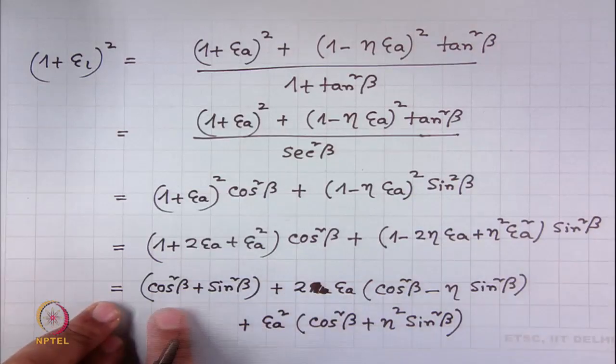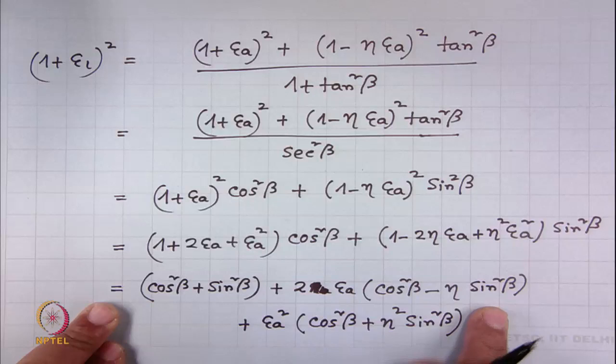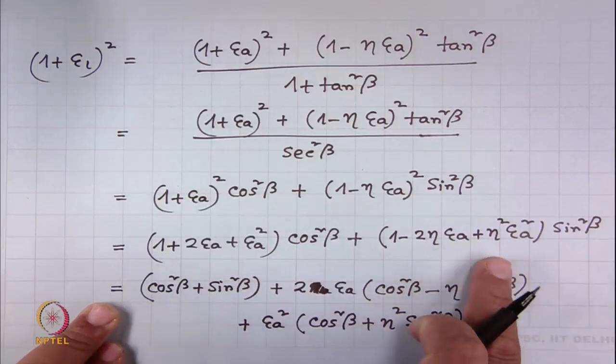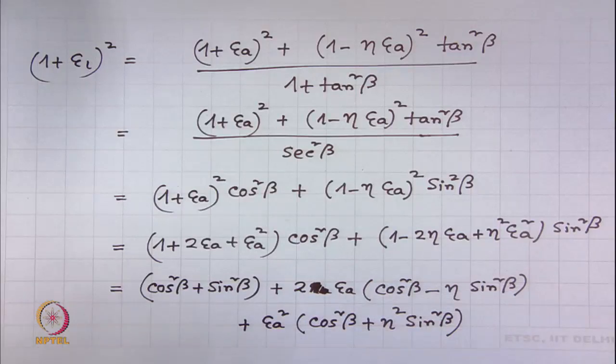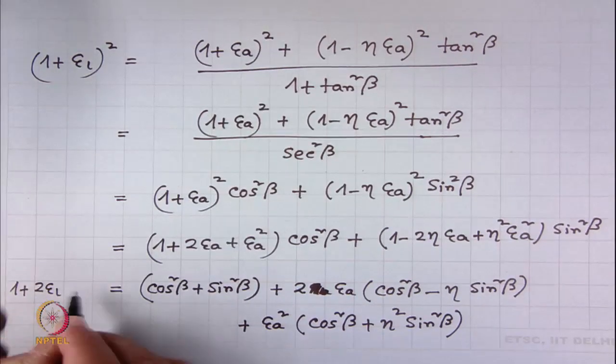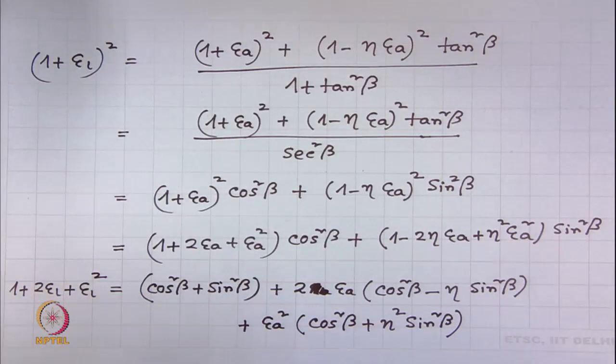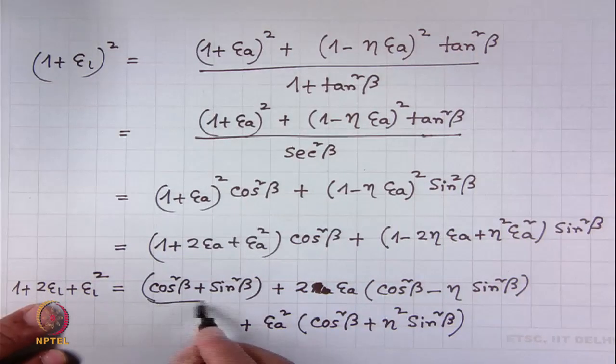Cos square beta plus sin square beta is 1. All right. If we expand the left hand side also, then what we obtain is square, and this is equal to 1.